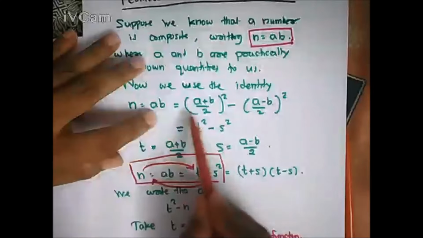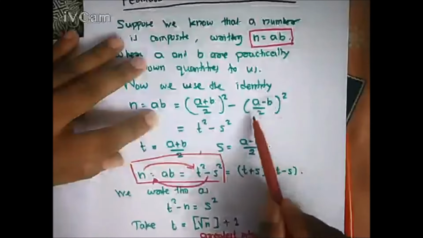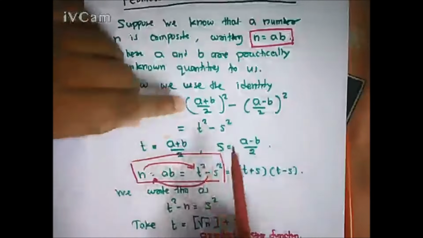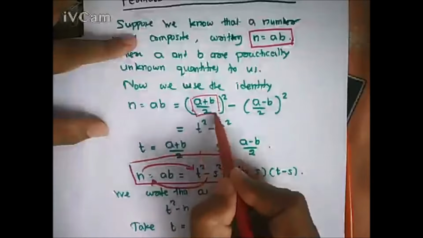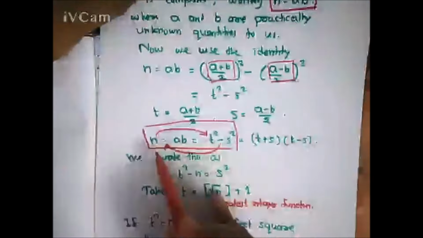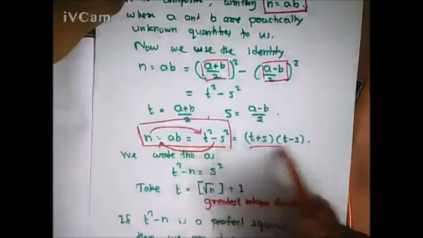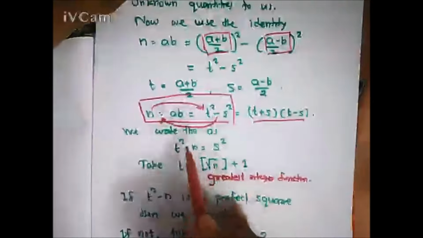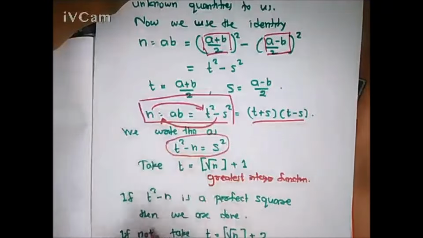Now ab can be written as ((a plus b) divided by 2) whole square minus ((a minus b) divided by 2) whole square. We take this term as t square and this as s square. So we can write n as t square minus s square, that is (t plus s) into (t minus s). From here we can say t square minus n is equal to s square.